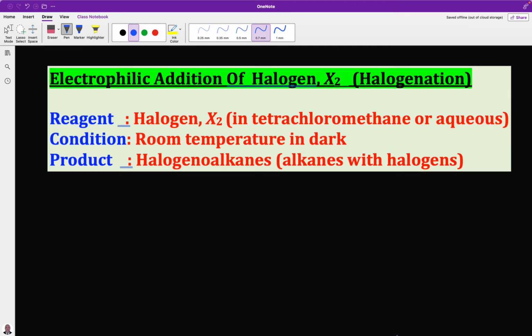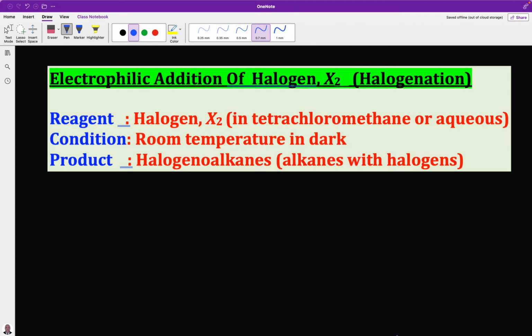Electrophilic addition of bromine to an alkene such as an ethene molecule. To make this clearer for learners, I will be giving you a step-by-step procedure on this addition.